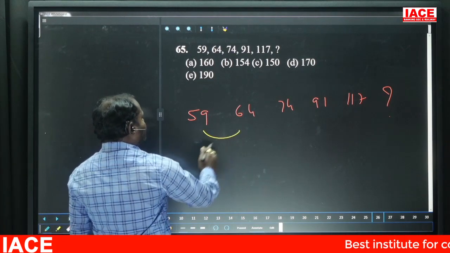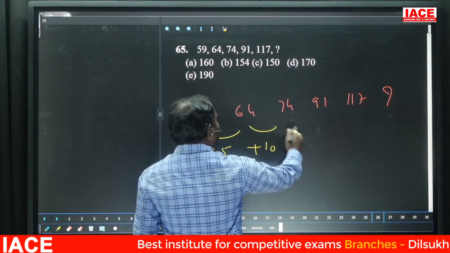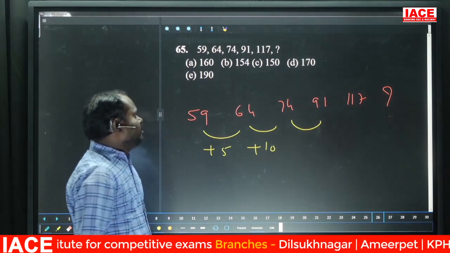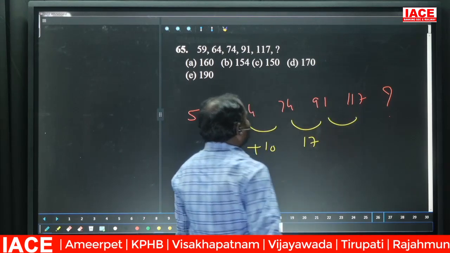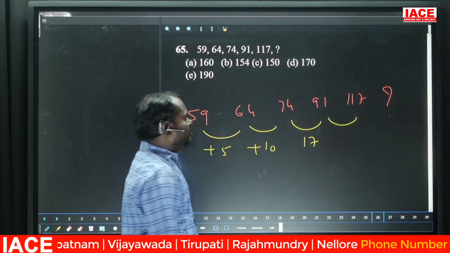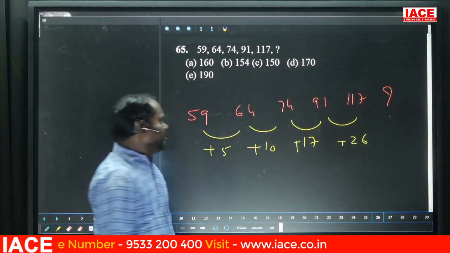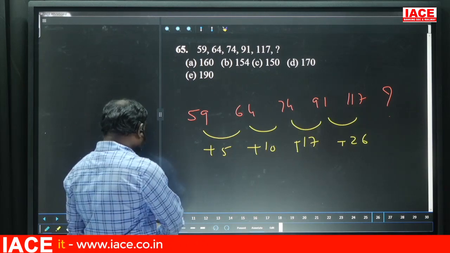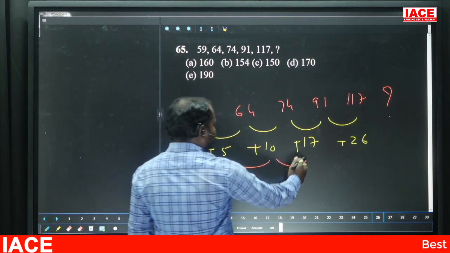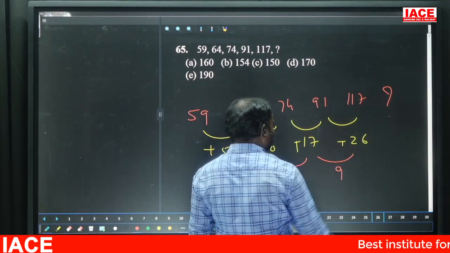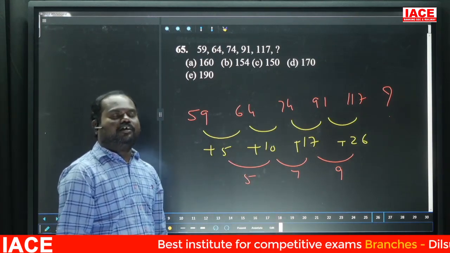Plus 5. 64 to 74, 10. 74 to 91, 17. 91 to 117, 17 plus 9, 26. 5, 10, 17, 26. If you observe the second difference, the double difference, what is the difference? 5, 7, 9. So 5, 7, 9. Continue.